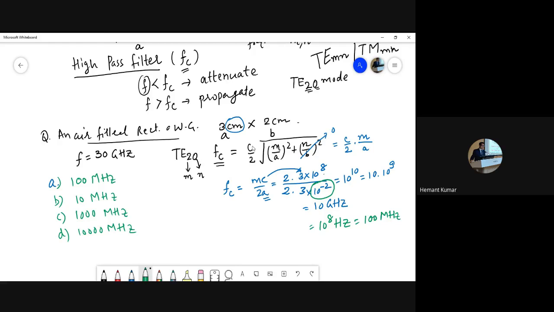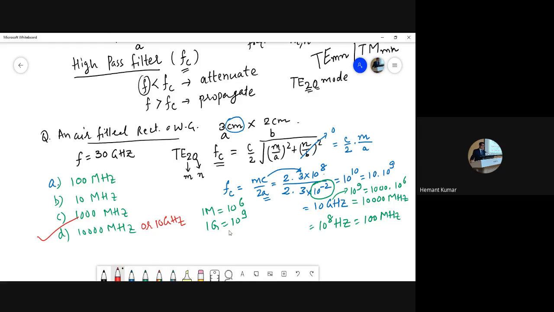The correct answer is option D, 10,000 megahertz, because 1 mega is equal to 10 to power 6 and 1 giga is equal to 10 to power 9. So it is equal to 10,000 megahertz or 10 gigahertz.